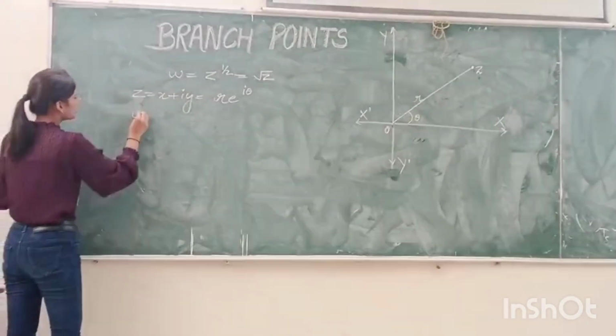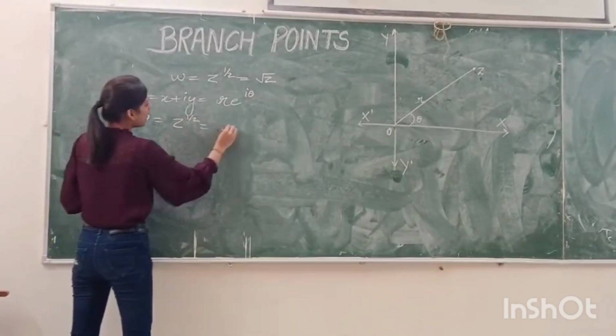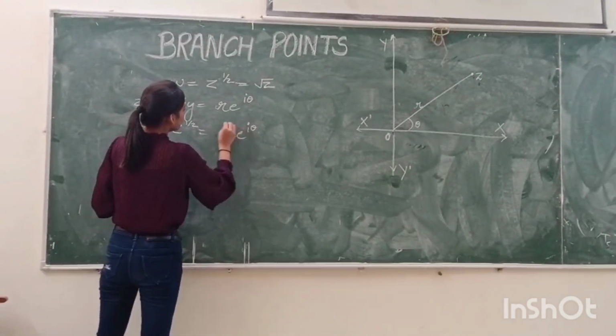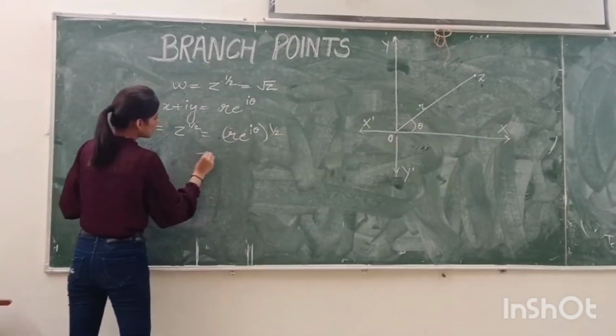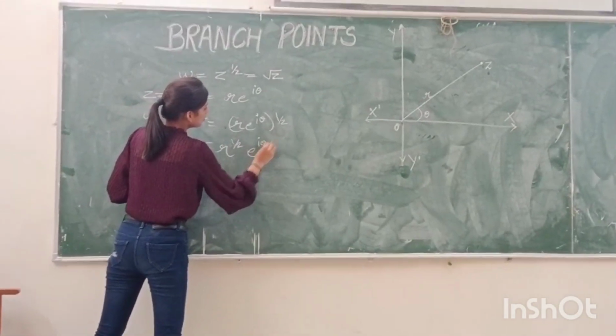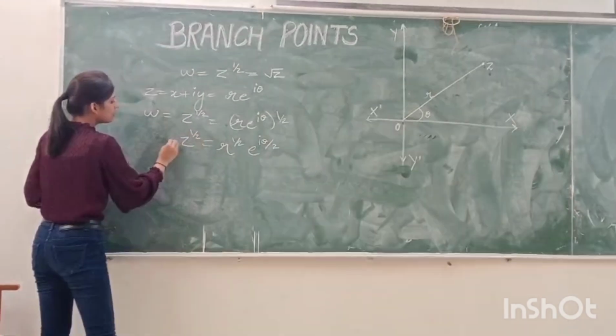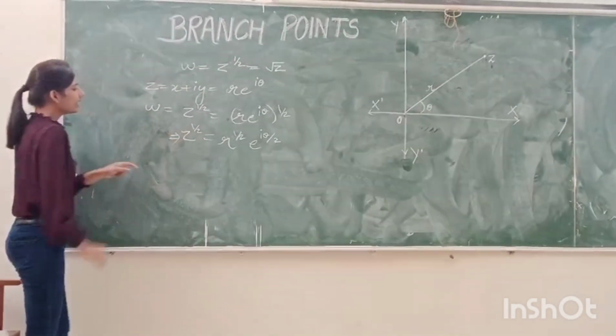So w is equal to z power half, which is equal to r e power i theta whole power half, which is equal to r power half and e power i theta by 2. So this will be my function z power half, which I have considered.